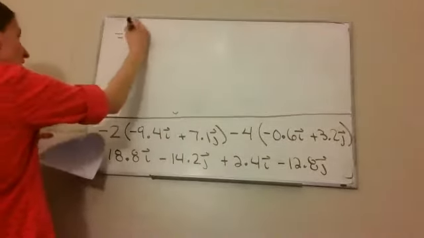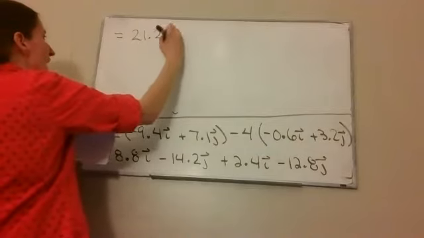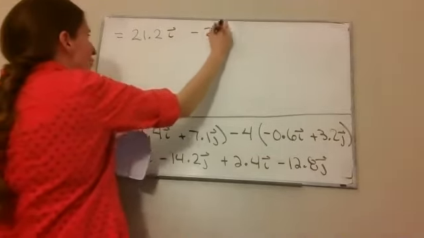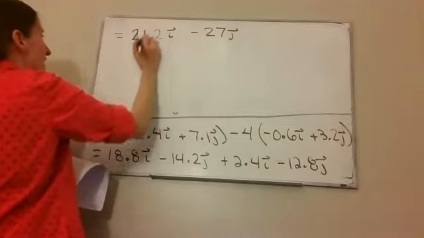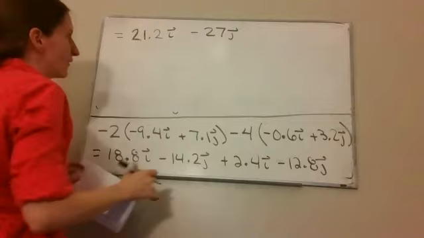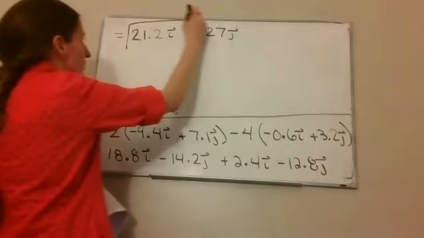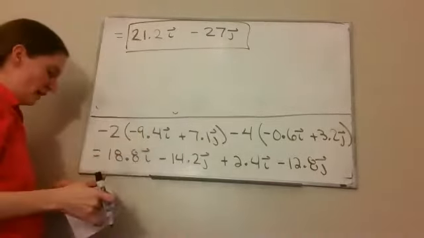So this gets me 21.2i and minus 27j. And that's the same thing as our negative 2a minus 4b, but written in terms of i and j.